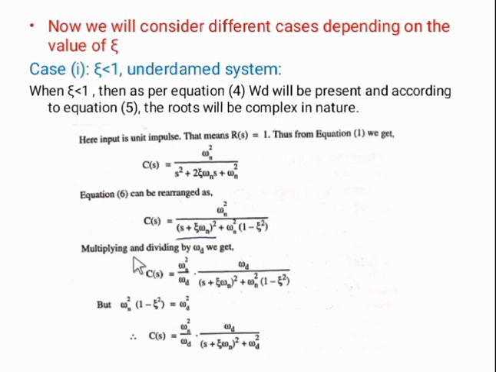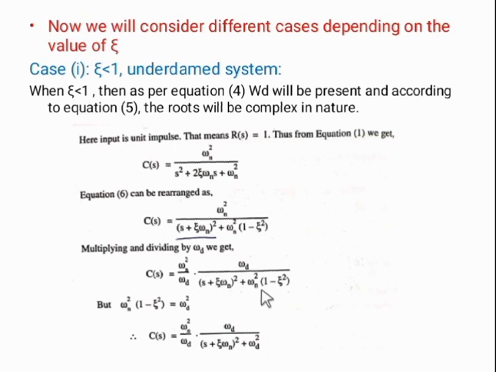Multiplying and dividing by omega d, this omega d will cancel out, and omega n square times 1 minus zeta square is equal to omega d square, where omega d equals omega n under root 1 minus zeta square. So C(s) equals omega n square divided by omega d, times omega d divided by (s plus zeta omega n) square plus omega d square.